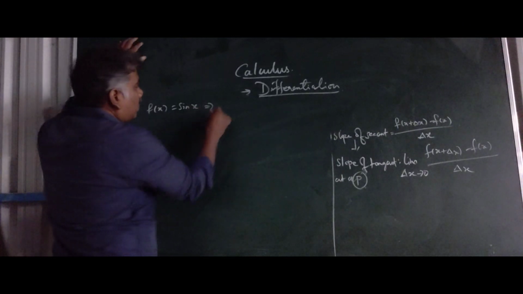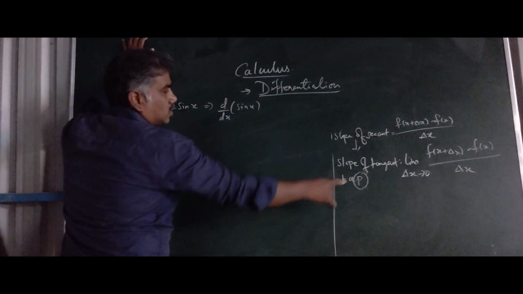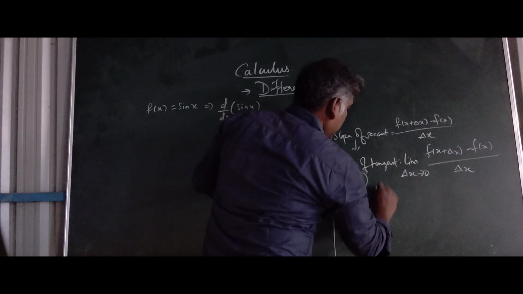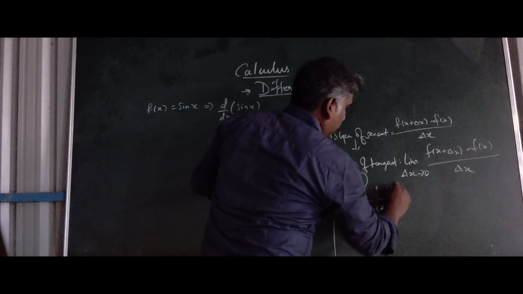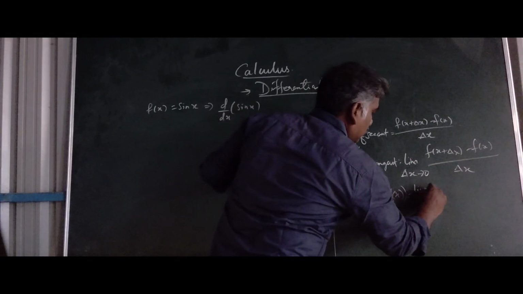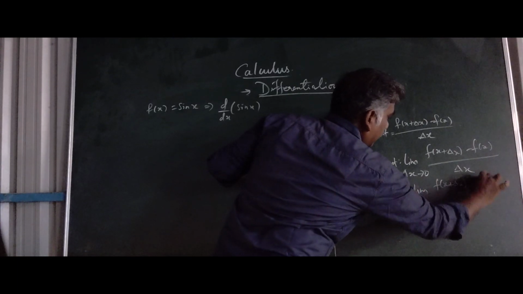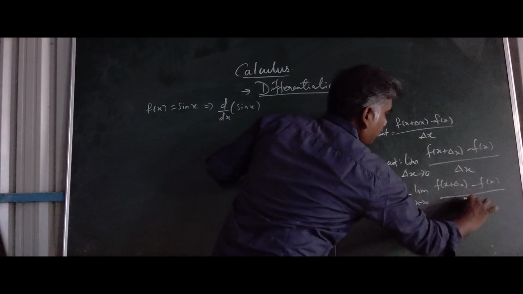This is known as d by dx of sin x. So d by dx of f of x is equal to limit del x tends to 0 of f of x plus del x minus f of x by del x.